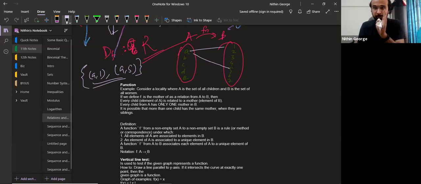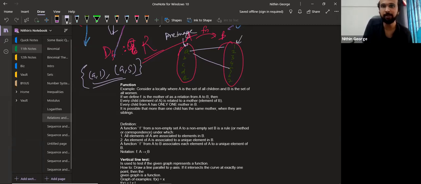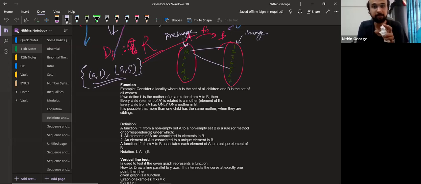Okay, we will name it. I'm sorry, I didn't give you the name. Any element from A, I'll call it the pre-image. Any element from B, I'll call it the image. When I put an ordered pair A comma B, A is the pre-image, B is the image.